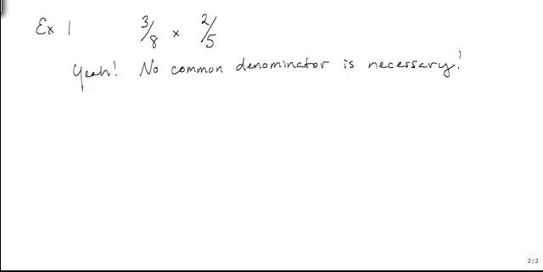What you do is you'll multiply the numerators. So in this case, we'd have 3 times 2.